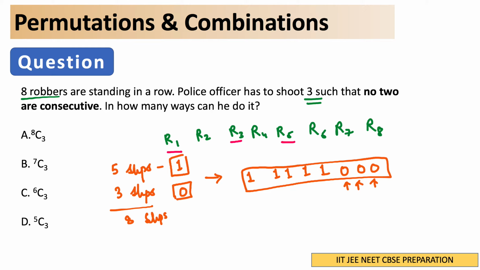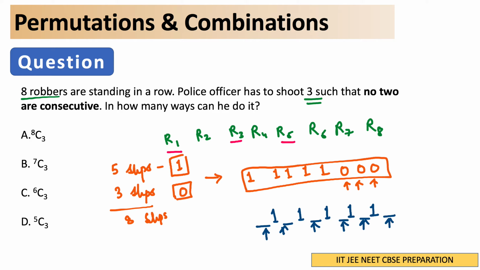So what you do is you take these ones and you place them like this. These are 5 ones, right? How many gaps are created? 1, 2, 3, 4, 5, 6. So these are the 6 gaps that got created because of these ones.